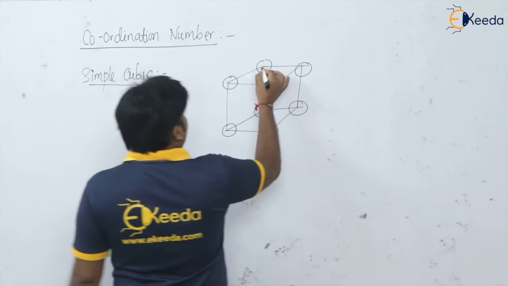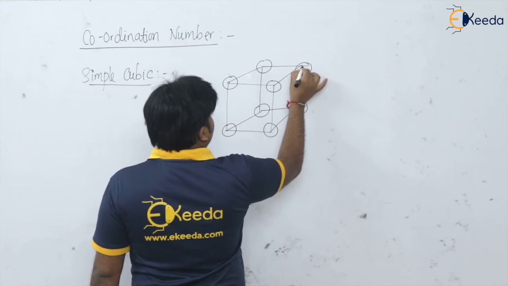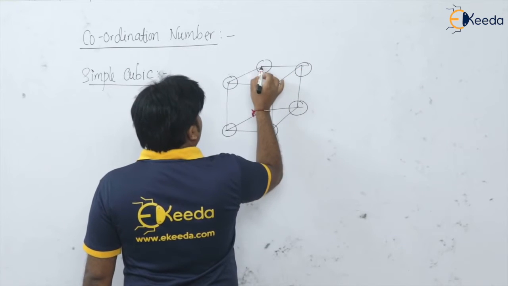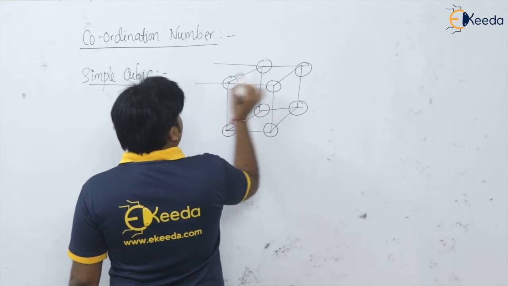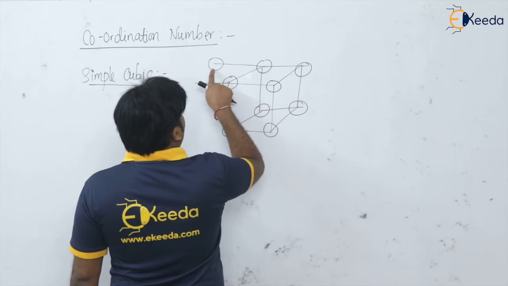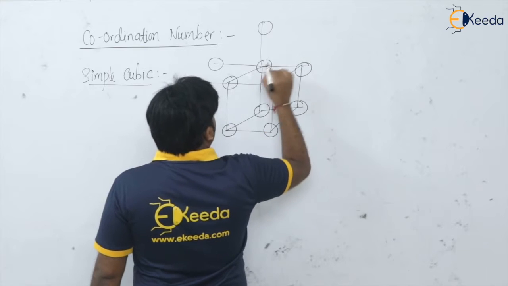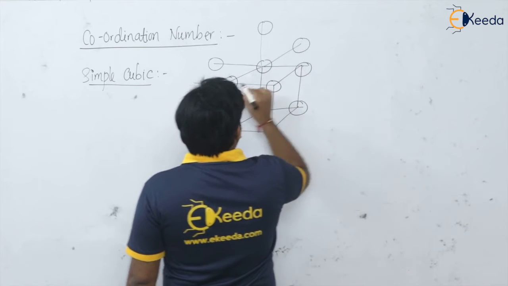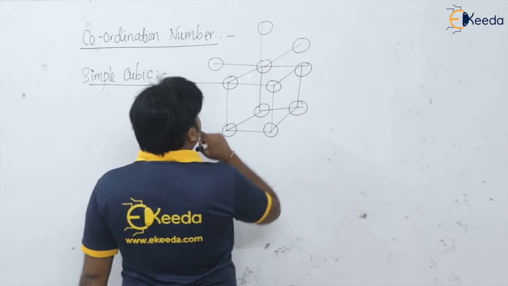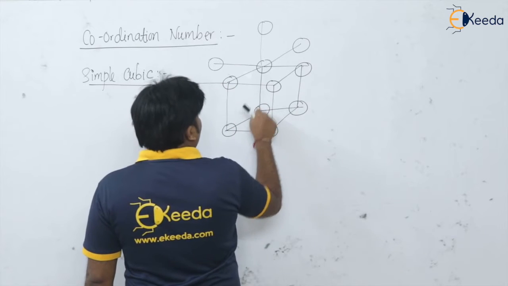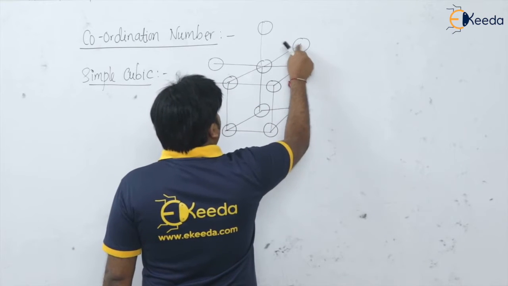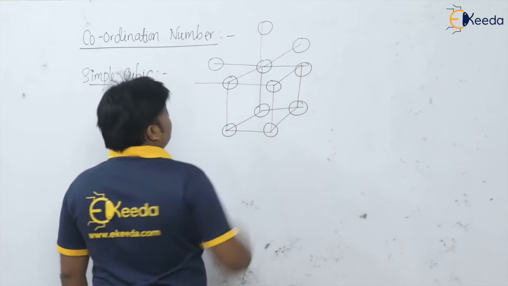So see here, one is this, second one is this, third one is this. So this is the nearby cell. So this is one more here. This is on the top, isn't it? So this is on the back. Right? So in this way, how many are there? 1, 2, this 3, 4, 5 and 6.